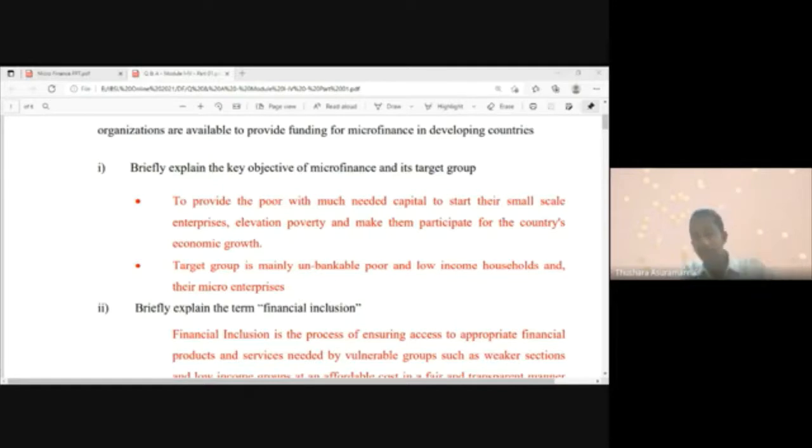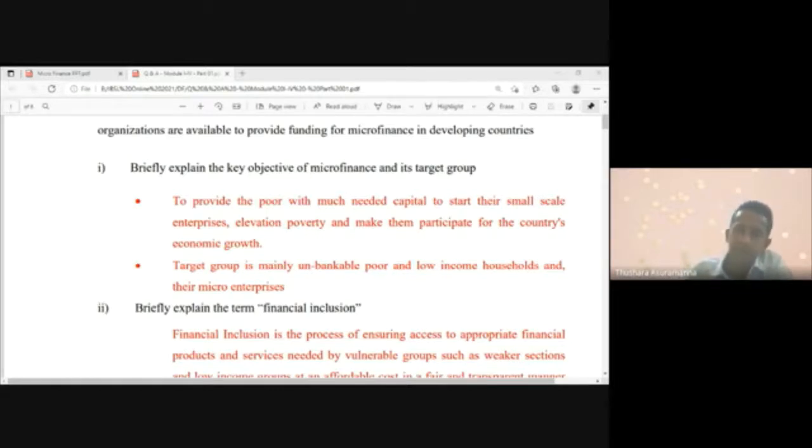Probably you might have repeated the same thing to the examiner, without any value addition. Though you think you have written half a page, you may get only 2 marks out of 5, whereas the other person who wrote 1, 2, 3, 4 straightforwardly within a minute gets 5 marks. That's the difference we should make.